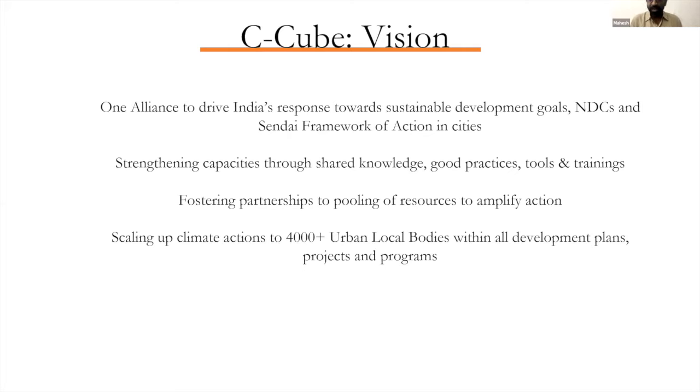It was done during the pandemic last year, even though the idea was conceptualized some 3 years back, and there was a huge parliamentary process which led to the financial allocation to drive sustainable development goals and to create an action research framework through which cities, city officials and other stakeholders could share their knowledge, practice, tools, technologies and data, to foster development and to scale up climate action, not only across the 100 smart cities which the government is currently promoting, but also to the 4,000 plus urban local bodies in India.